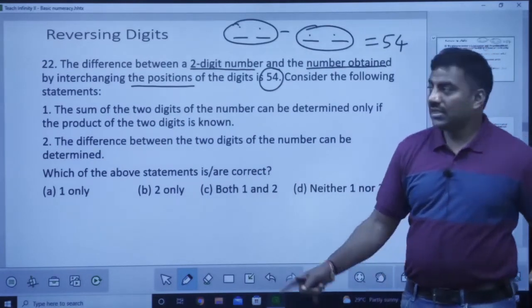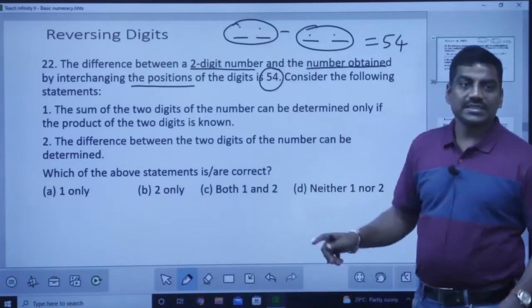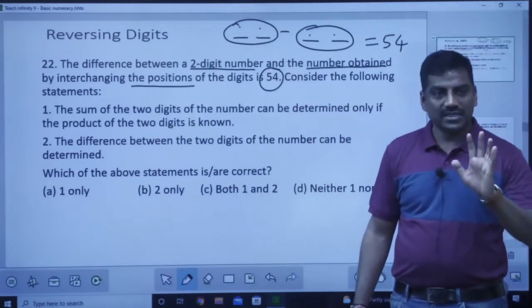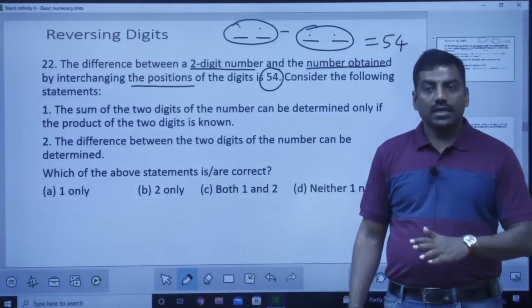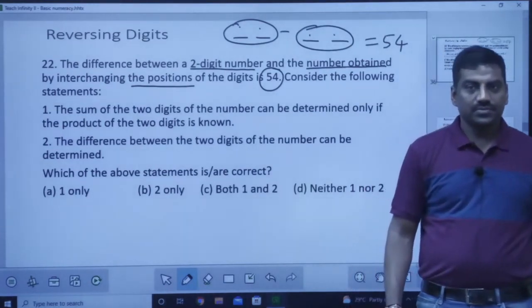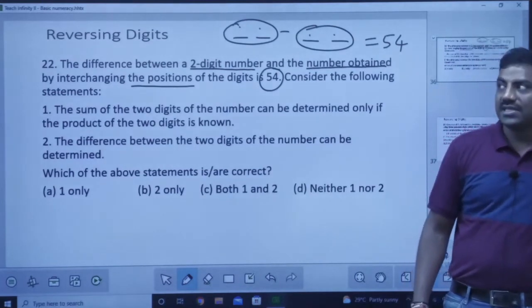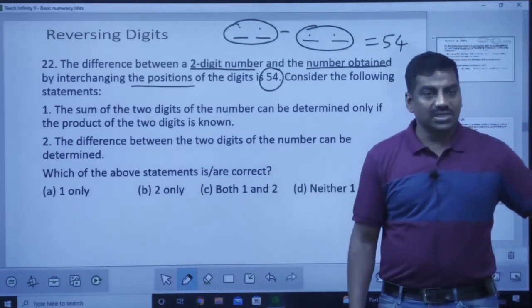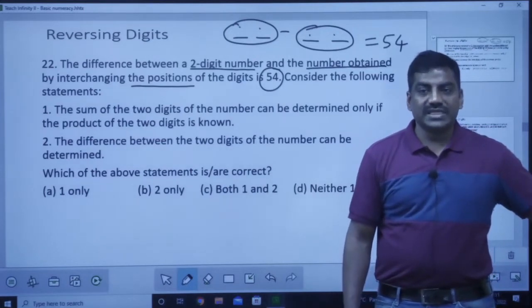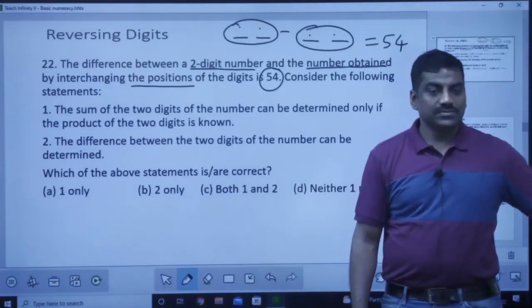That means the difference between these digits is 6. Understood? So if you enumerate those numbers which have 6 as the difference between the digits, tell me those numbers where the difference between the digits is 6.